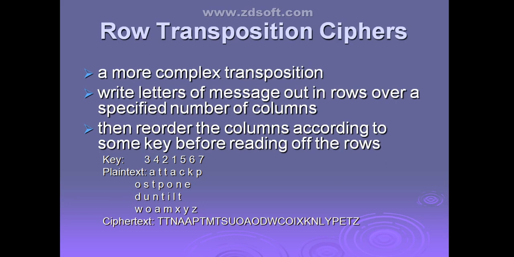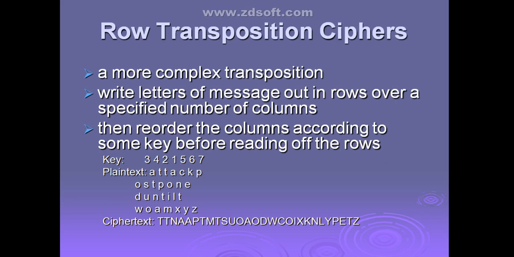Yes, ma'am. Now we will see the second technique, row transposition cipher. How exactly it works. It is not the same as the rail fence. It is more complex compared to the rail fence transposition technique we have used.